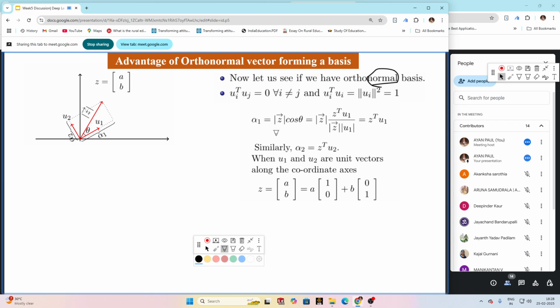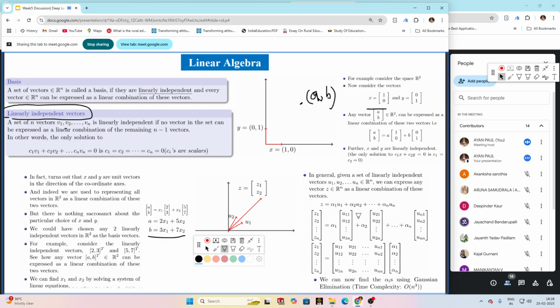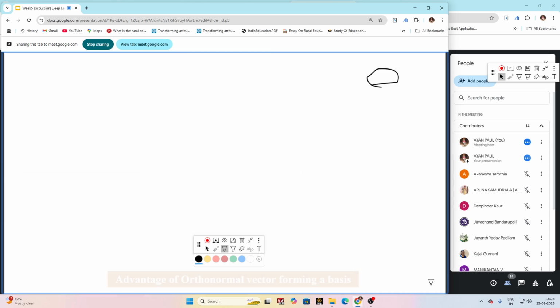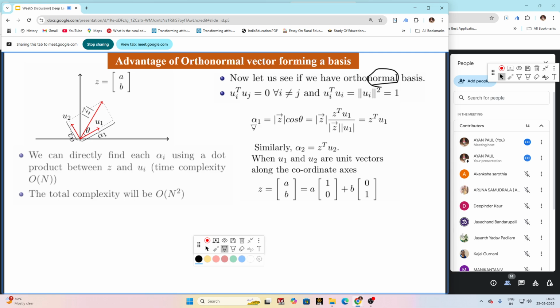Now why are we interested in projecting in an orthonormal basis? Because earlier we had to do Gaussian elimination to find the coefficients like alpha 1, alpha 2, alpha n, or x1 or x2. For finding these we had to use the Gaussian elimination method, which has a time complexity of O(n) cube. Now alpha 1 and alpha 2 can be easily found.